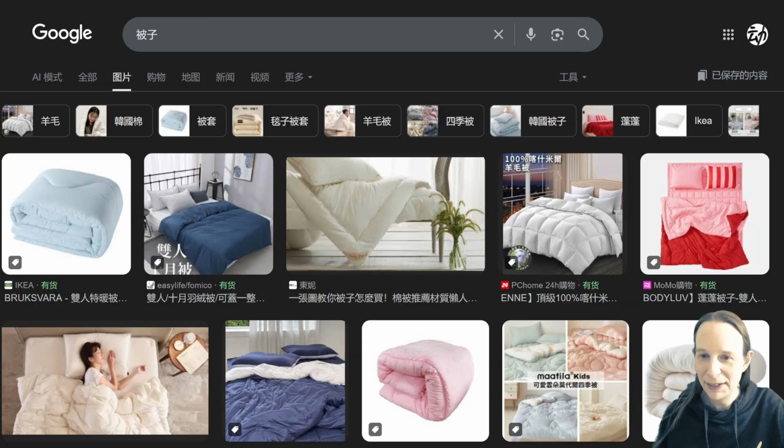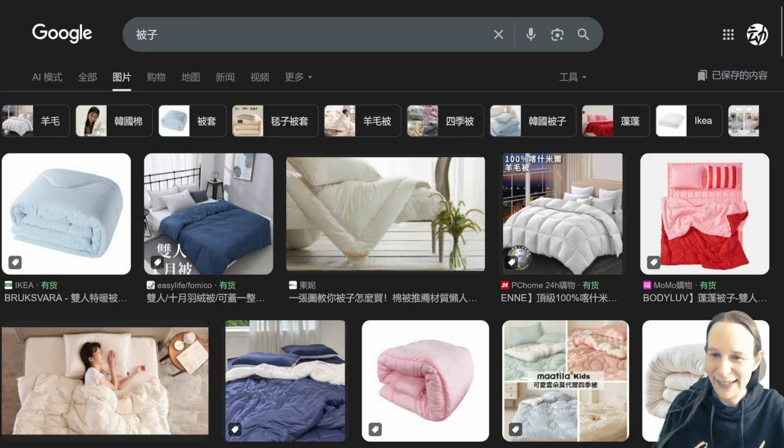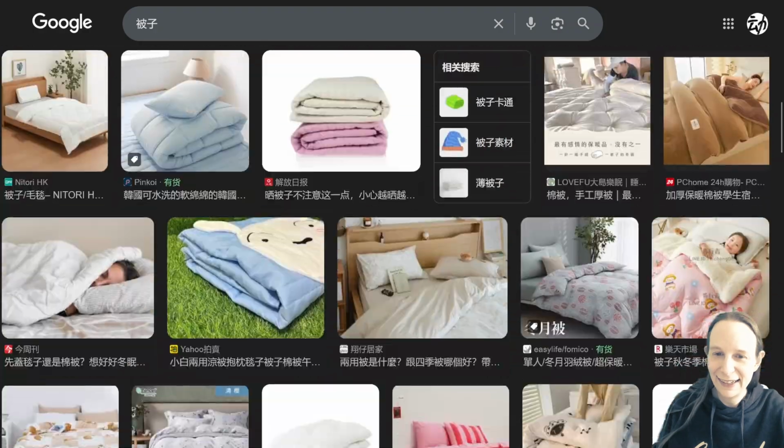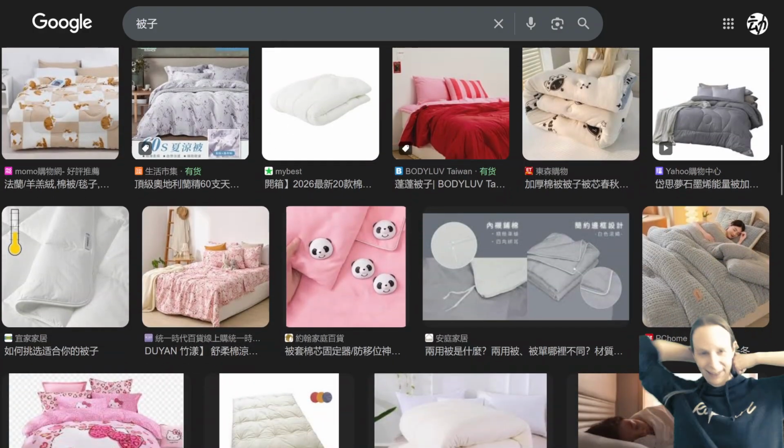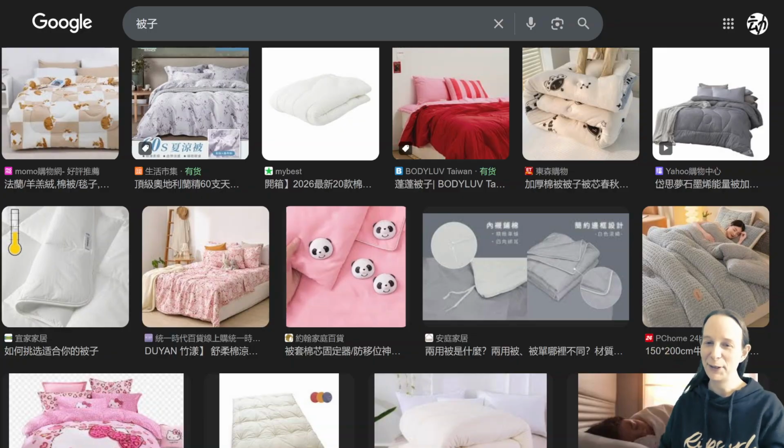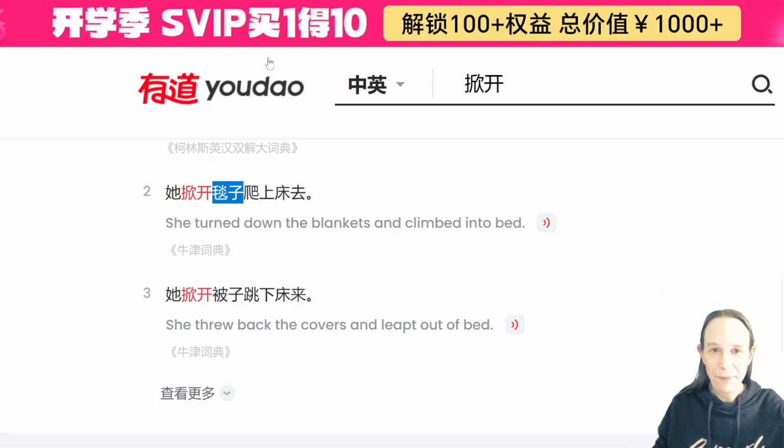They look very similar to me. Maybe 被子 is more like doona and 毯子 is more like blanket. I just realized I said doona and that's an Australian word. What do you call it in other countries? Quilt or duvet, right? Australians say doona. Where were we?